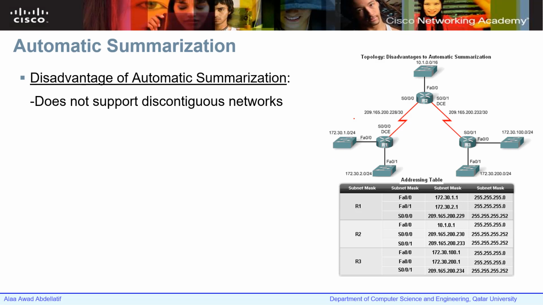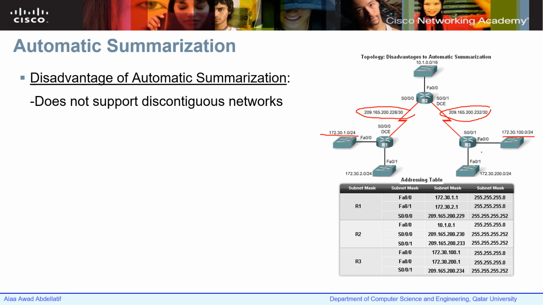The disadvantage of automatic summarization is that it doesn't support discontiguous networks. In this example I have this IP address and this IP address. These two IP addresses can be combined, but in the middle I have a different IP address, so this network is considered discontiguous. There is a problem or discontinuity in the middle.